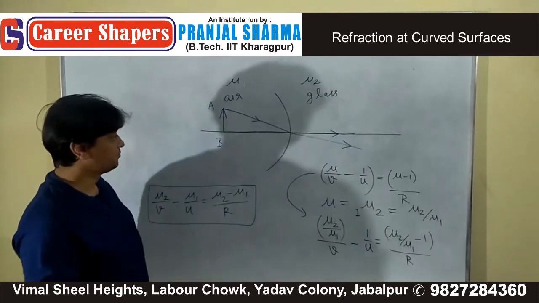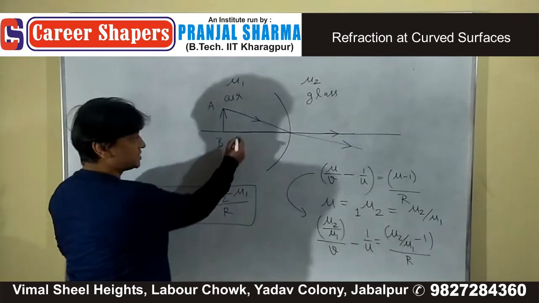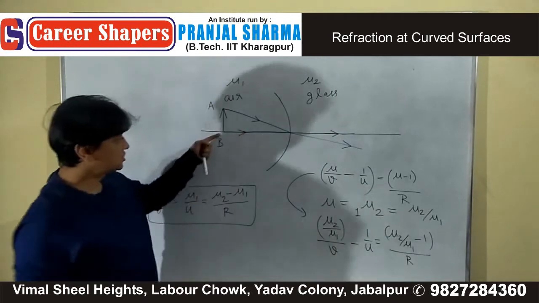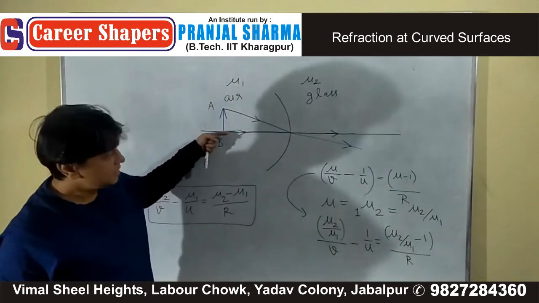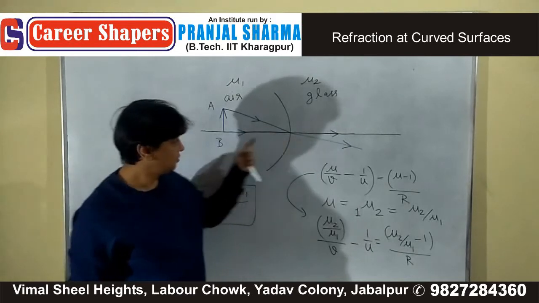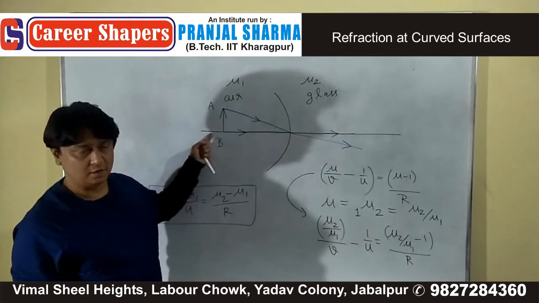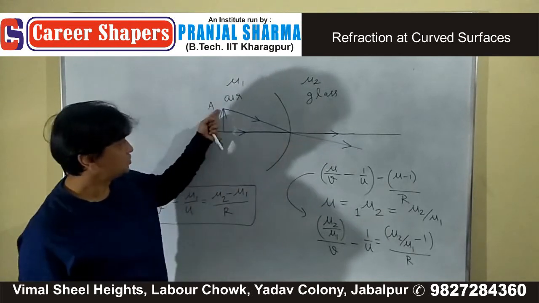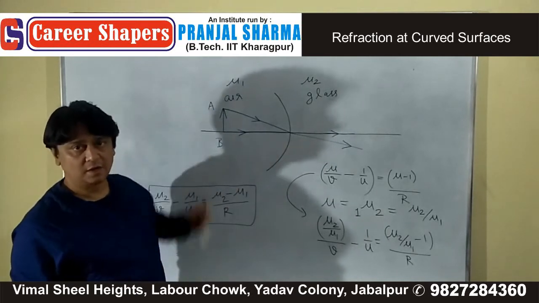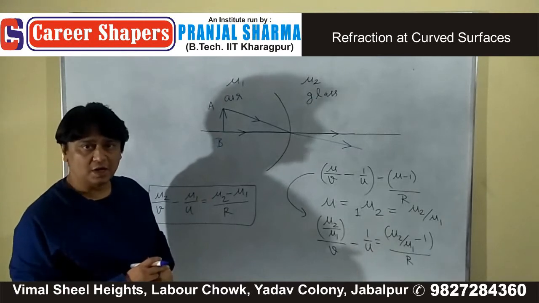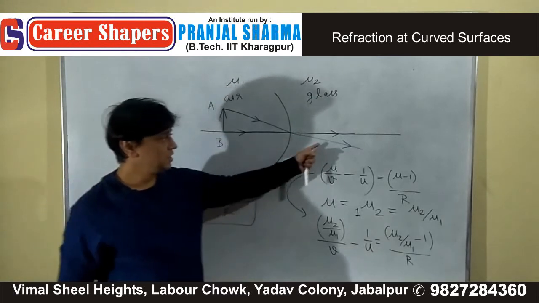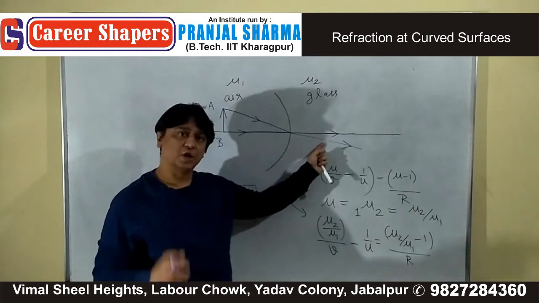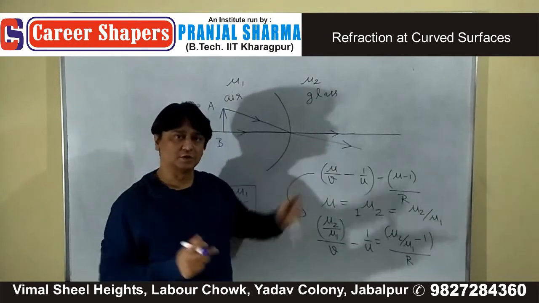Why is it not correct? This is the incident ray which is coming from B, and this is the refracted ray for object B, whereas this is the refracted ray which is coming from object A. Therefore you cannot intersect these two refracted rays which are coming from different points.